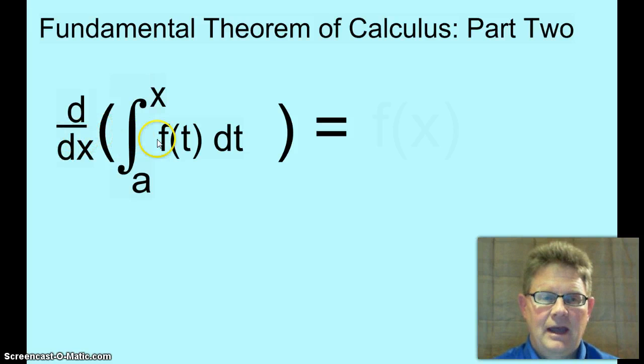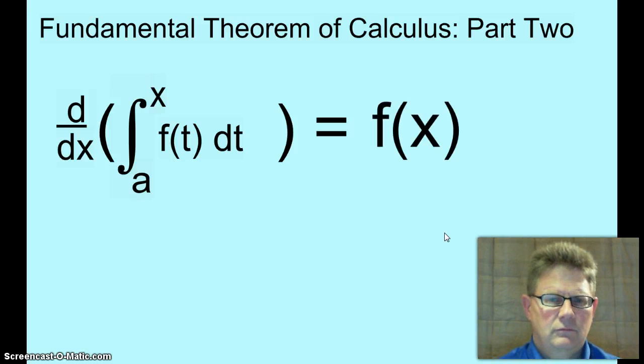So what ends up happening here is the derivative of this integral is just f of x. Okay? So what you're going to do when you see these is you're just going to take that x and replace it right in there.